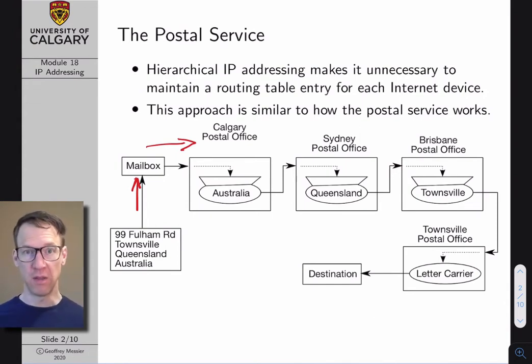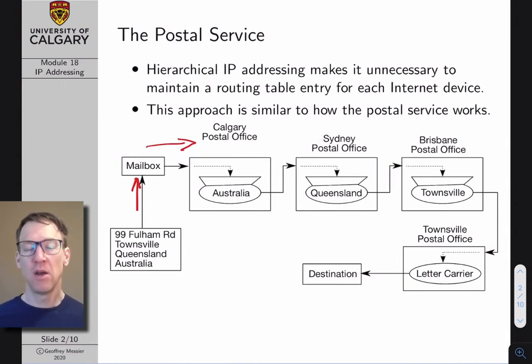Now, you can imagine in the Calgary post office that we have all kinds of letters coming in, and at some point a letter sorting staff person pulls our letter out of the bag and takes a look at it. Is it necessary for that letter sorting person in Calgary to know that in Australia there's a province called Queensland, in Queensland there is a town called Townsville, and in Townsville there's a road called Fulham Road?